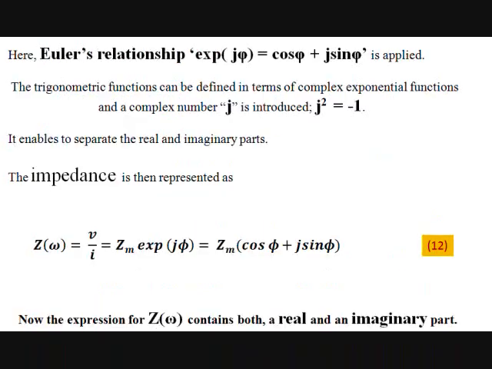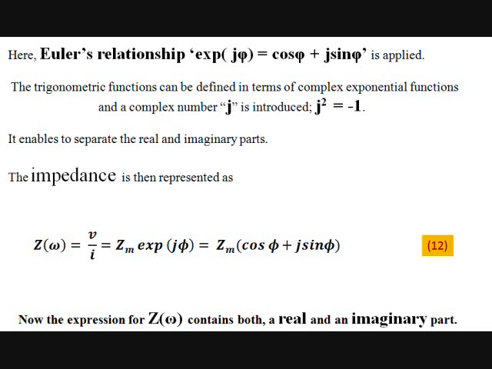Here, Euler's relationship is applied because trigonometric functions can be defined in terms of complex exponential functions, and a complex number j is introduced. J squared is equal to -1. It enables us to separate the real and imaginary parts.